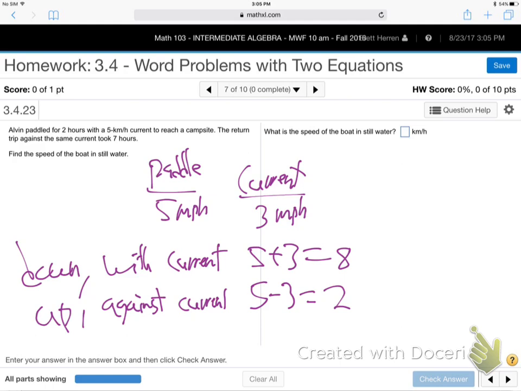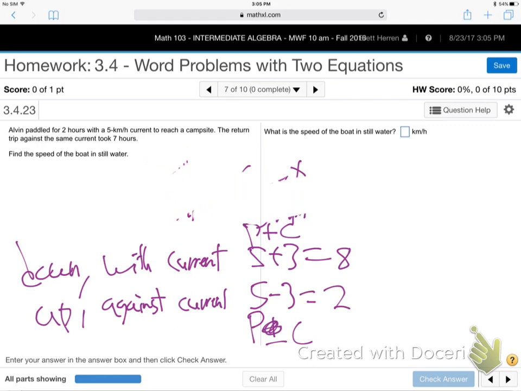So the point is you take your paddle speed and going downstream you add the current, and going against it you subtract the current. We all know that. Well, that's what you're going to have to put in the distance rate time table. That's going to go in the middle rate boxes. So let's do that.